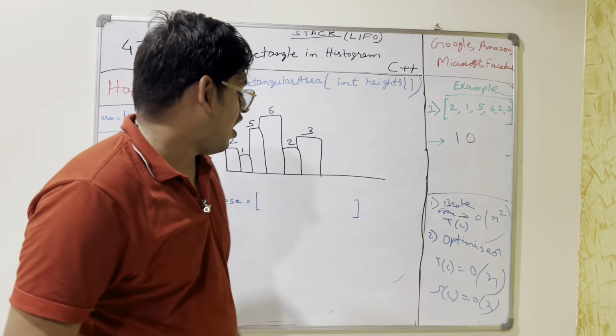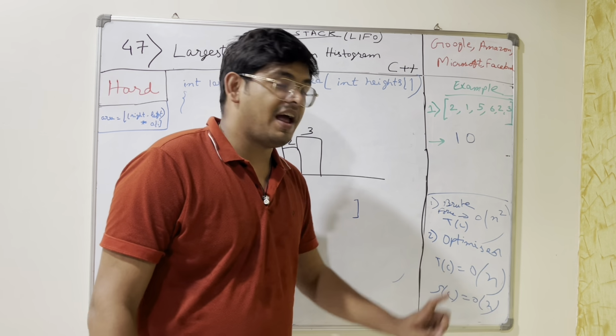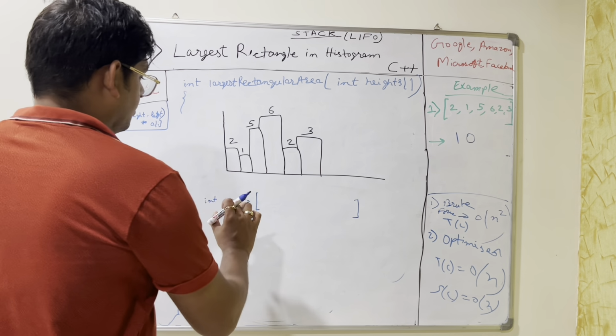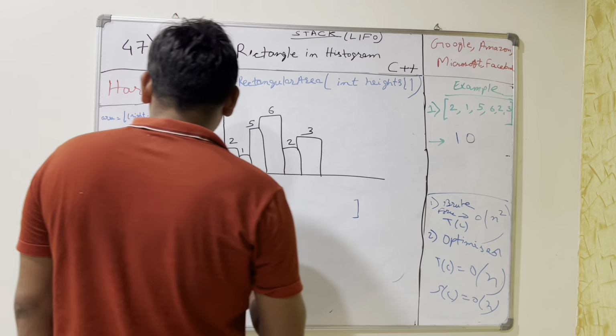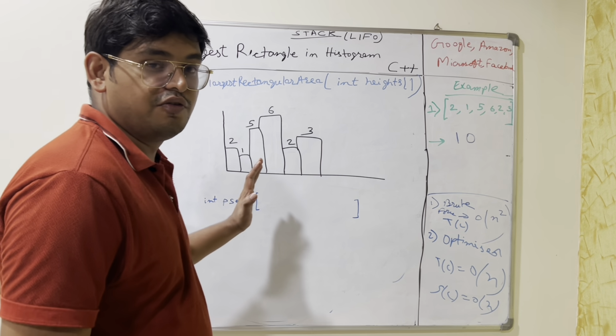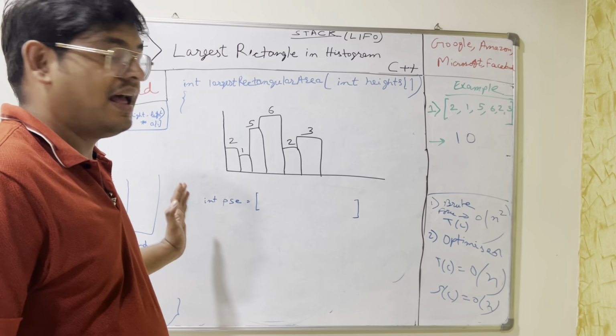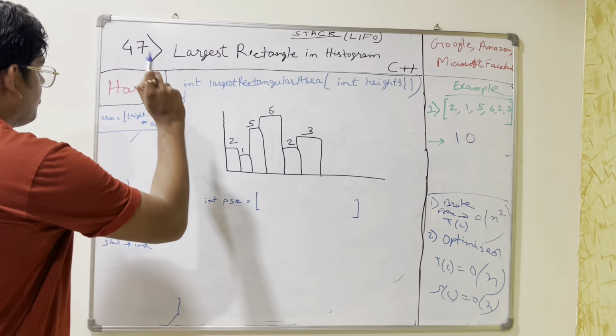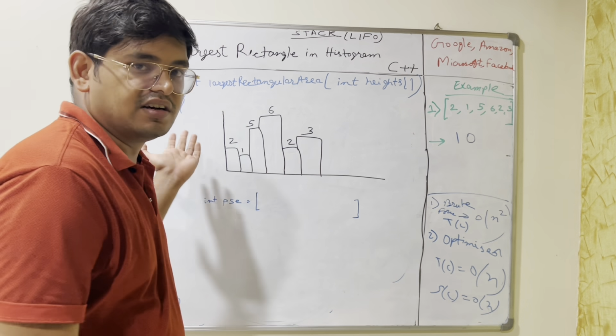Now let's look at how you can optimize this in order of n time complexity using stack. So we'll discuss the same example. As I discussed, we are finding the previous smaller element and the next smaller element to get the boundary, and then we are using this formula to get the area, and we return the max area.